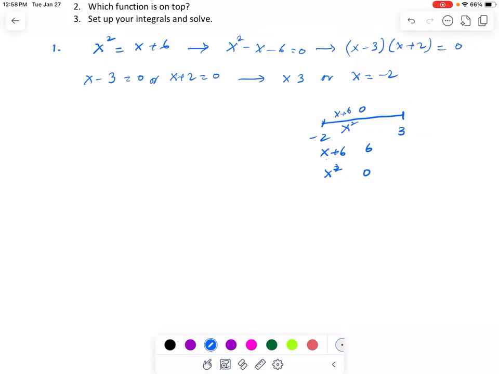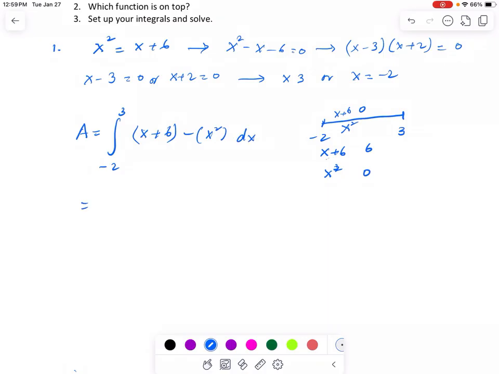So our area will be equal to, what are the bounds? From -2 to 3. And which one was above? x plus 6. So we say x plus 6 minus x squared, but again, remember parentheses. Now you just need to solve this.